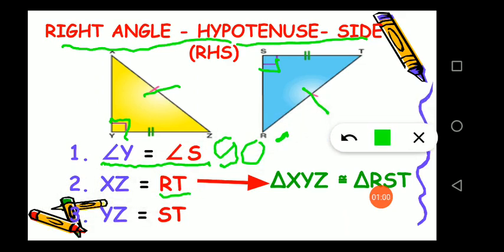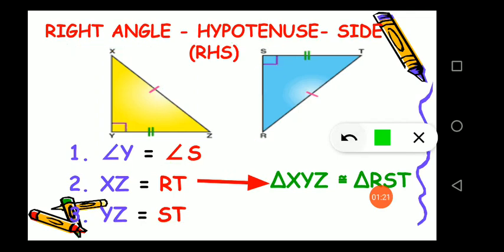and then, with two sides left, if any one side of the corresponding triangles is equal, then we can say that the two triangles XYZ and RST are congruent to each other.